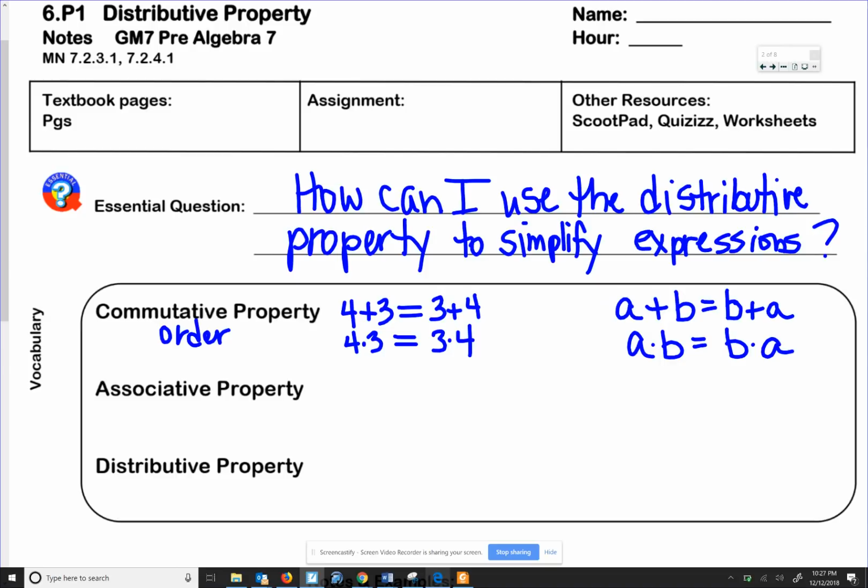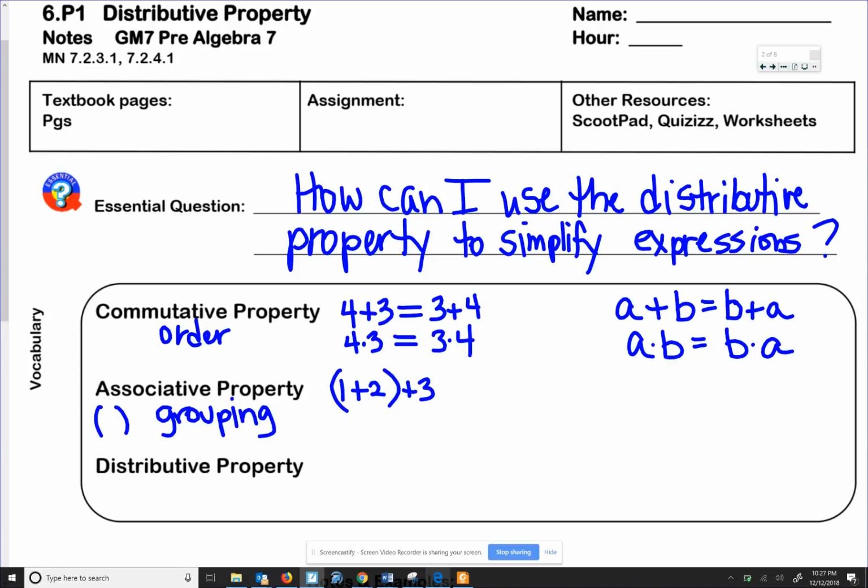The associative property has to do with grouping. And this is the one where we can take our parentheses. Okay, so I'm going to also put parentheses here. I could start with 1 plus 2 in parentheses and then add 3.